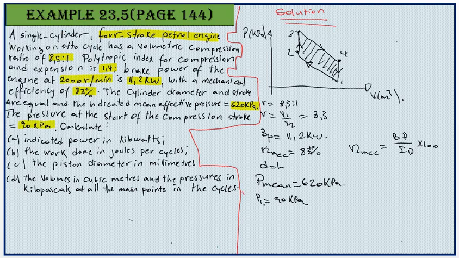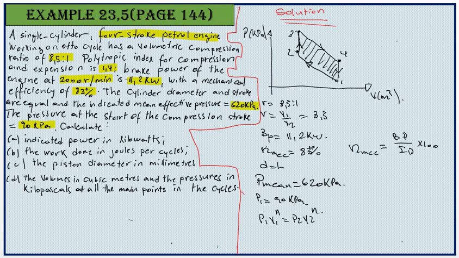Having P1 and the volumetric ratio, we can determine P2. We are going to use this relation: P1 V1 to the power of n is equal to P2 V2 to the power of n. We need to get P2.